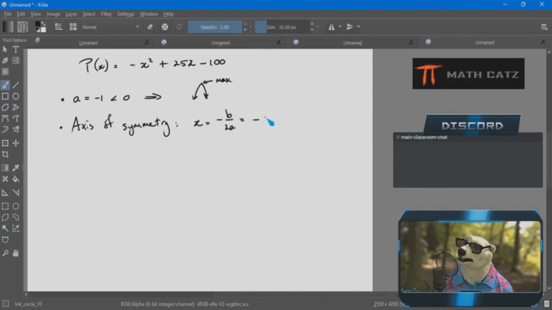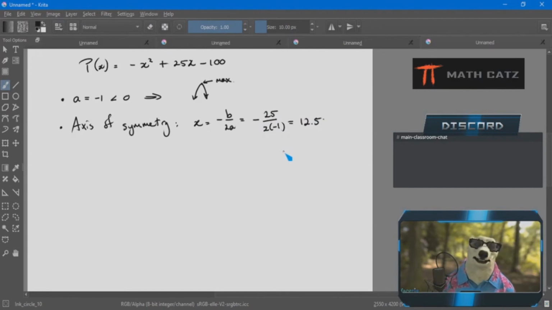In this case, it is negative 25 over 2 times -1. Oh, that's not so bad, 2 negatives, though it doesn't look very nice here. Let me fix this. 2 negatives, so it's 12.5, 12.5.